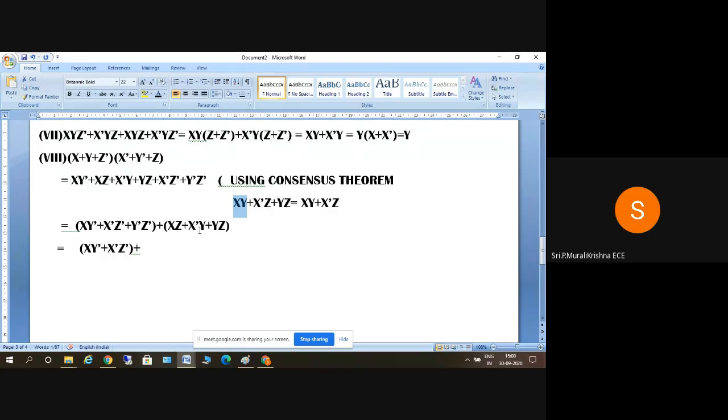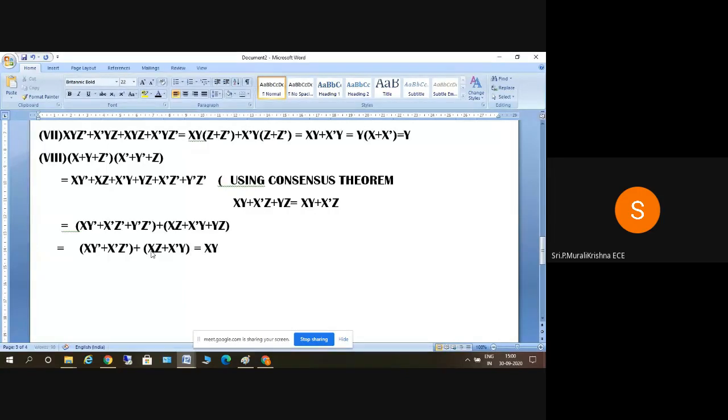So these two are interchanged, and yz is common here. For the simplification, we can remove this yz, leaving xz plus x bar y. So that is the simplification of this equation.